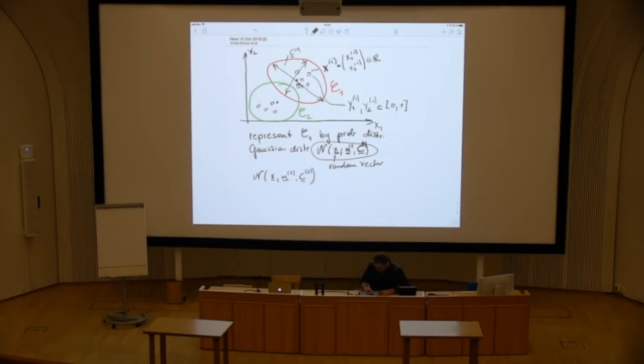So here we might have the mean, and here we encode the shape of cluster 2 by a covariance matrix C2. Okay, so that's just a model. We come up with a model that tries to explain the data that we see as realizations or draws from a probability distribution, which is a Gaussian or multivariate normal distribution, a Gaussian random vector, to be precise.